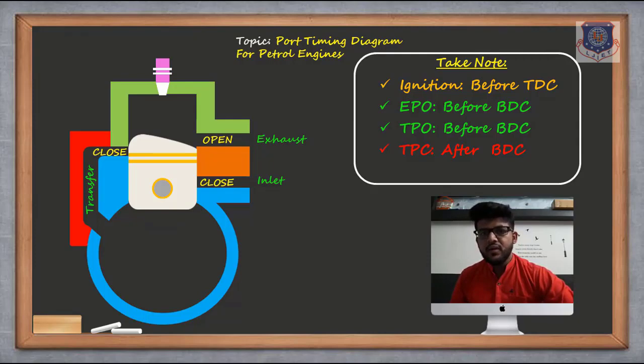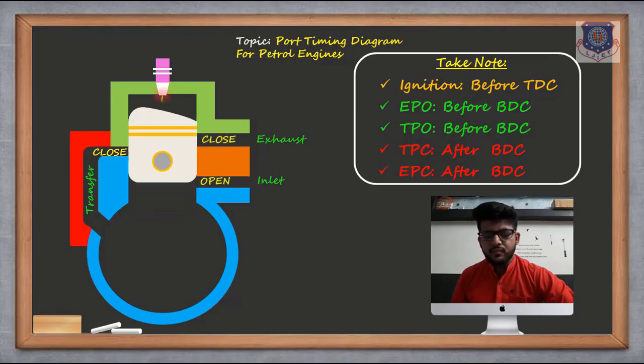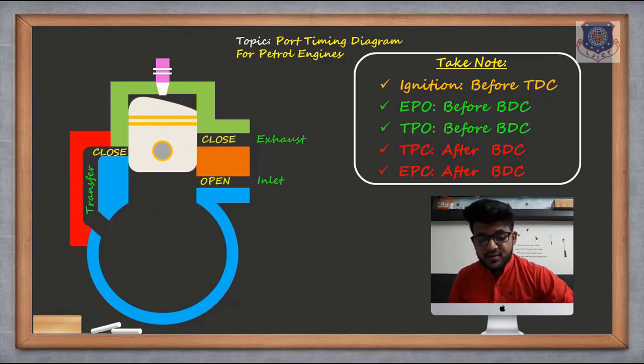So it will first close the transfer port. Simple. Which was last opened will be first closed. So it is now closing the transfer port. Now we will move it a little bit upwards, and in that case it will also close the exhaust port. Simple. But you can see it clearly.